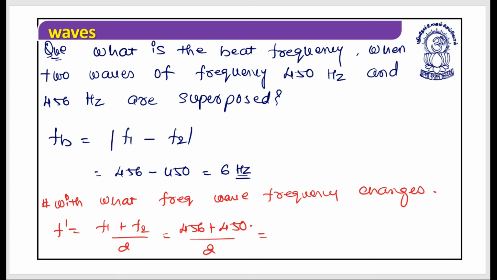So basically this is 450 plus 450, divided by 2, it's 453. I'm taking directly the difference and adding it. So this equals 453 hertz. I hope this is clear. Is it clear? Great. Ready for the next question?